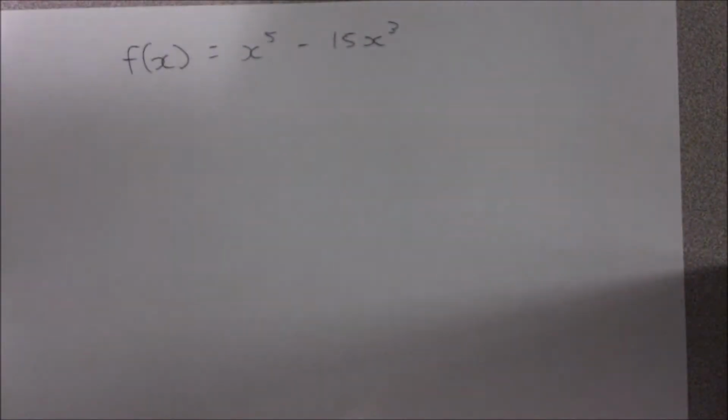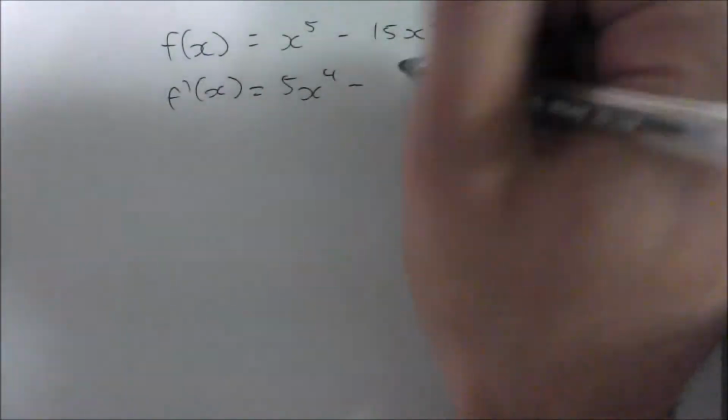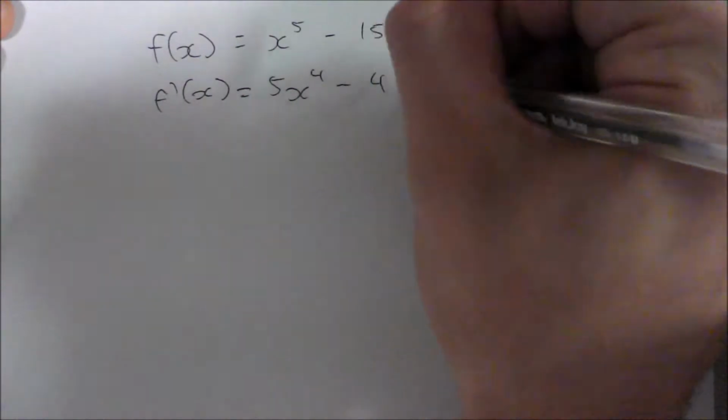Okay, now we're going to show you how to find the local minimum, maximum, and points of inflection using this function. First you want to derive the function by bringing the power down and minusing it by 1 for each of the numerals, and then derive the function again.